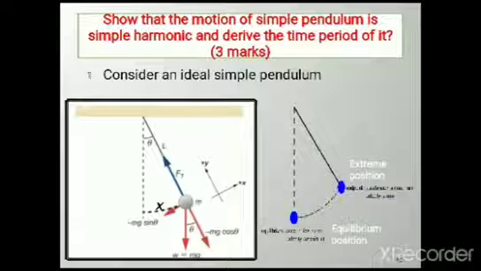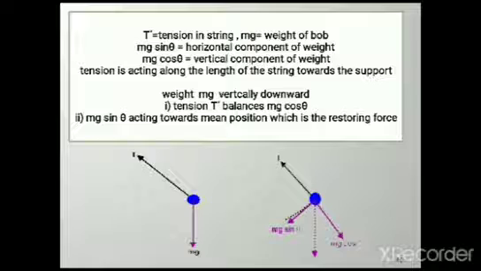mg we can resolve into its two components as mg sin theta and mg cos theta. mg sin theta is the horizontal component of the weight, and mg cos theta is the vertical component of the weight. Tension acts along the length of the string towards the support, and weight mg is vertically downward.